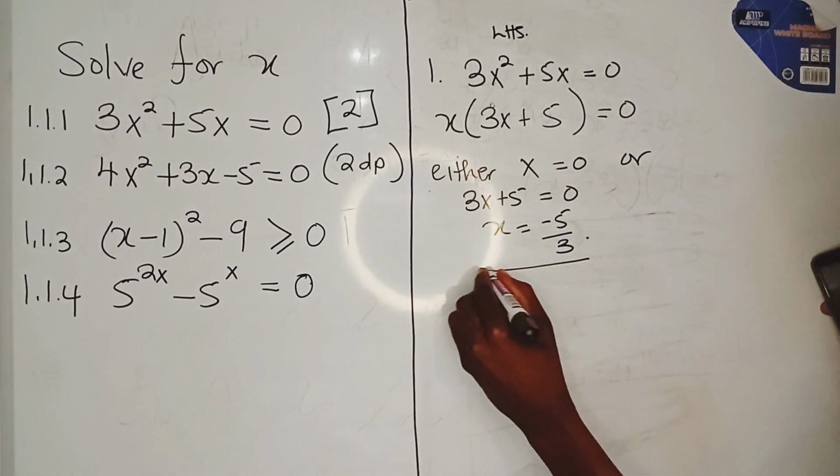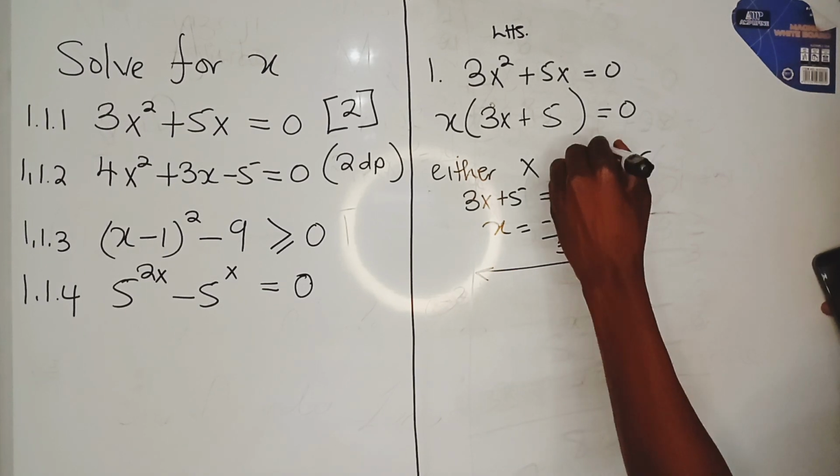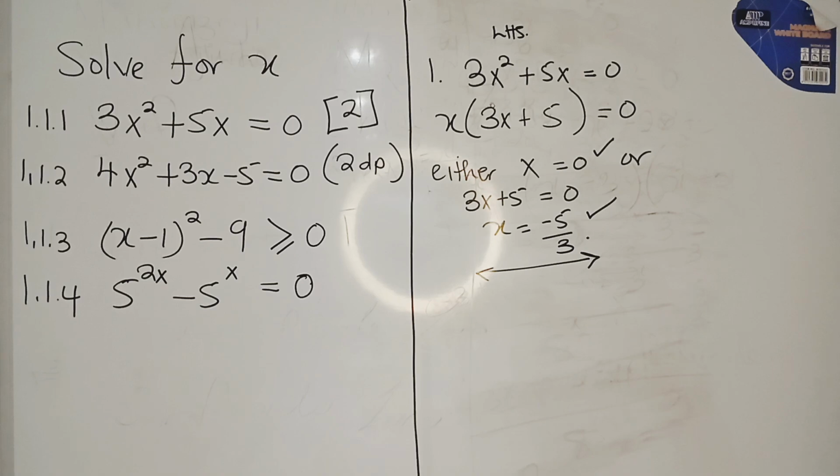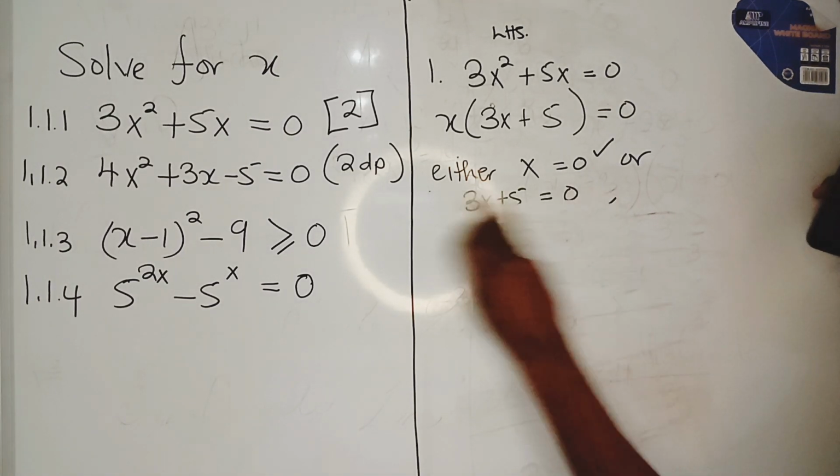These are our values of x. So we have x is equal to 0 and x is equal to minus 5 over 3. If you get these answers correct, then the first question is mostly 2 marks. Then let's move on to the next question.